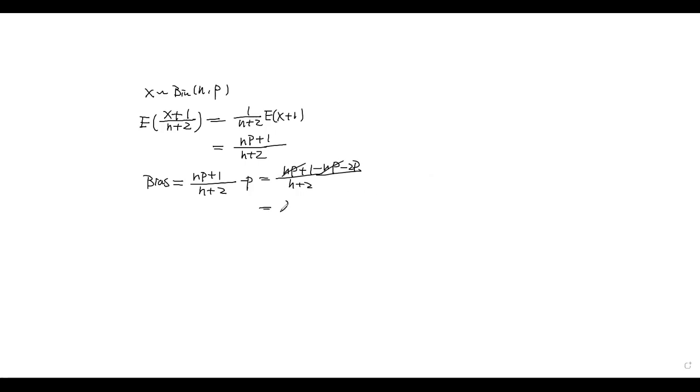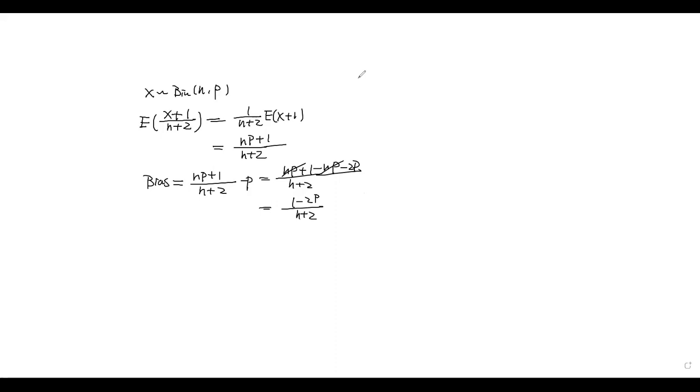So this one here will be just (1-2p)/(n+2). This is the bias.